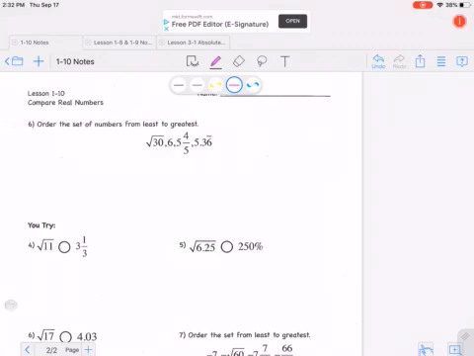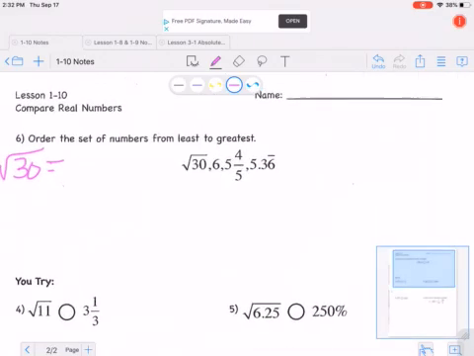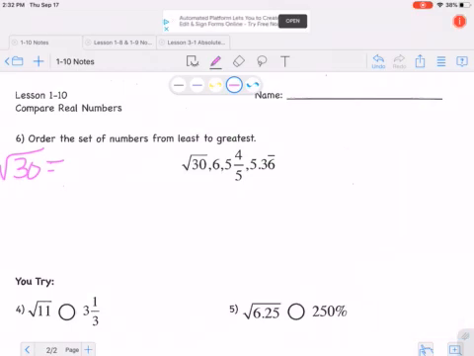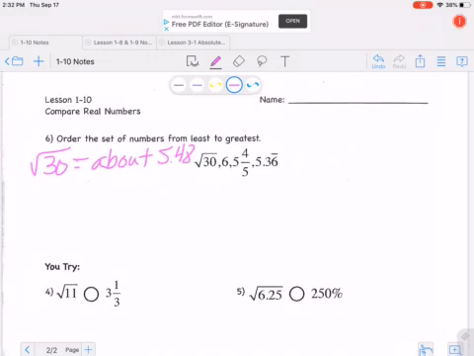All right, on the back side, order the set of numbers from least to greatest. So if I were to do the square root of 30 to start, you're going to have to actually solve this. I'm going to give this to you. It's about 5.48. Then I have the number 6, so I have 6.00 because I want 2 decimal places, just like my first one.